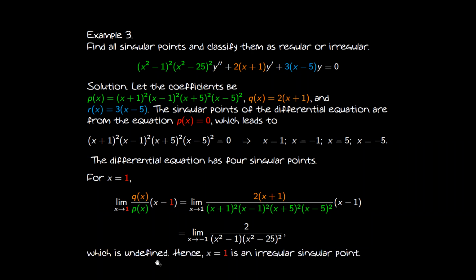We already know this x equal to 1 is an irregular singular point, okay? To be a regular singular point, you have to have both of the two limits be finite. If one of them or both of them are undefined, then you know it's irregular. Okay, so now we just need to do the same thing for the other 3 singular points.